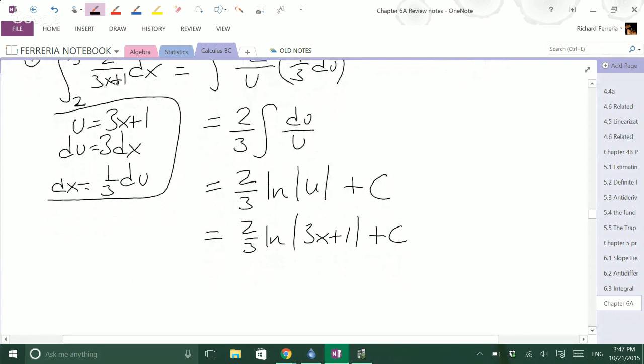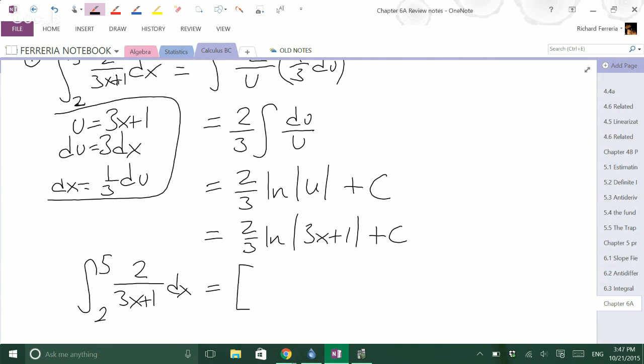Not quite finished yet, though, because this is actually a definite integral problem. So now if we want to go from 2 to 5 of 2 over 3x plus 1 dx, that's going to be equal to the antiderivative 2/3 log 3x plus 1 evaluated from 2 to 5.